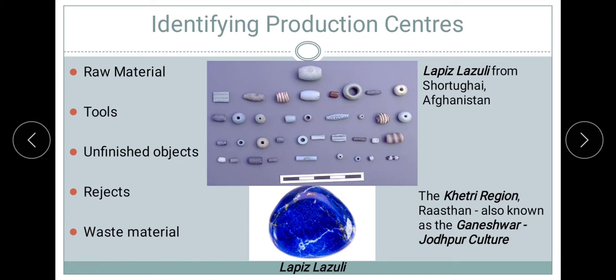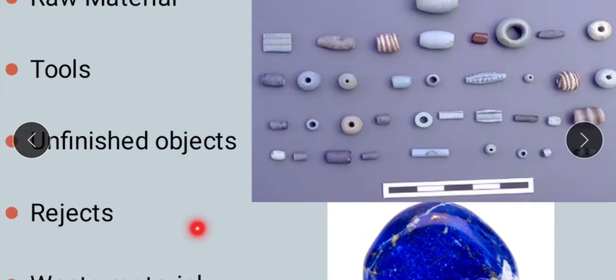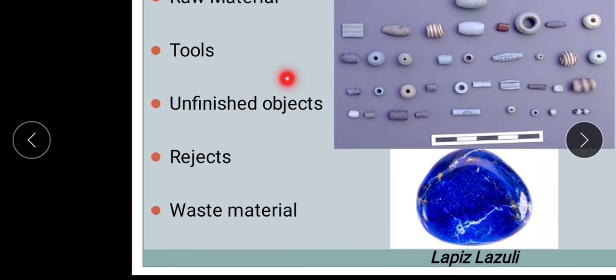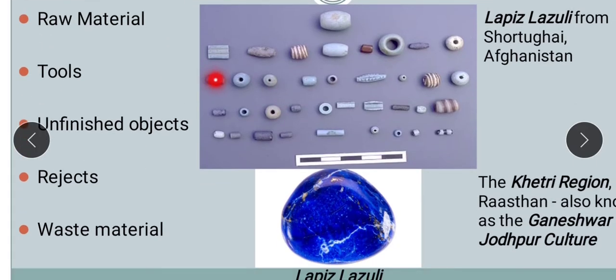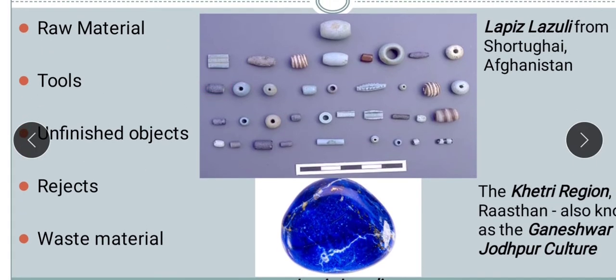Then of course you understand that there is an associated part of waste materials. Now waste materials are something that whenever you are manufacturing anything, waste products would be left out. So this becomes the best indicator for craft work and their production centers.